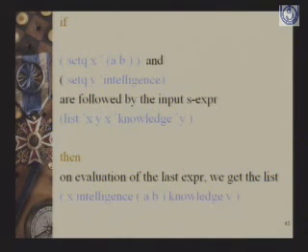Now suppose we are given an instruction list quoted X, Y, X, quoted list, quoted symbol knowledge, quoted Y. Now what does list do? As I just mentioned, first of all, one by one it evaluates its arguments. And whatever the evaluated arguments are, they are grouped together into a list in the same order in which the arguments are given to the function list.